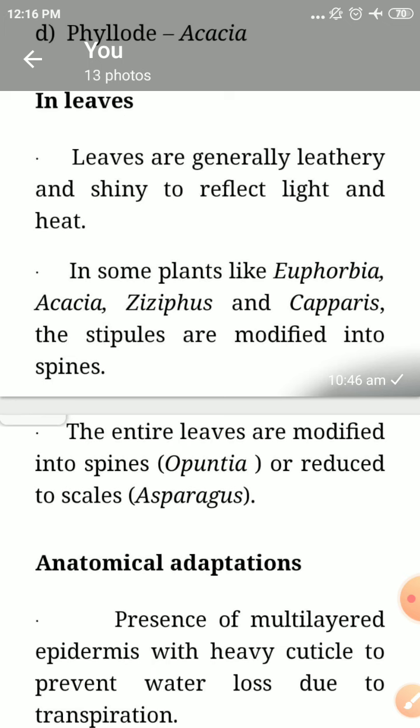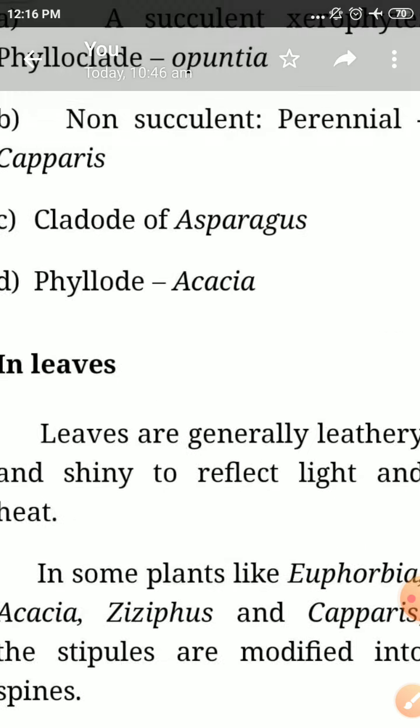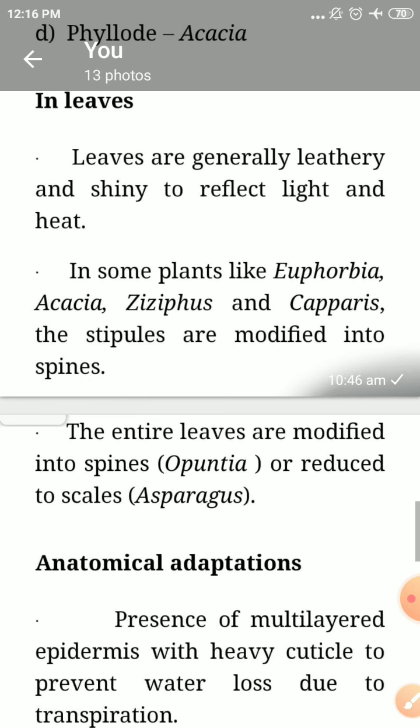They are covered with very shining white hairs to reflect the light and avoid the heating effect created by solar radiation. So the drying of the plant body is avoided by the shiny nature of the leaves, the presence of hairs, and the wax coating on the leaves, which help in reflecting the light.